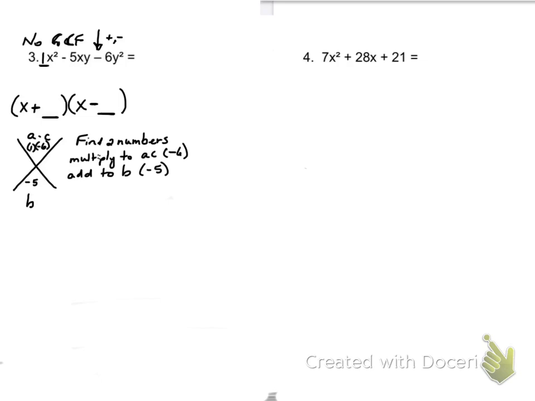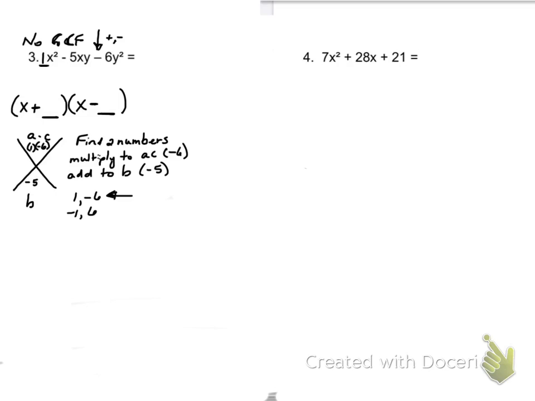Well, okay, what 2 numbers multiply to be -6? We can have a 1 and a -6, or we can have a -1 and a +6. Those both multiply to be -6. When I add those 2 numbers together, which one will give me the -5? That one, okay?